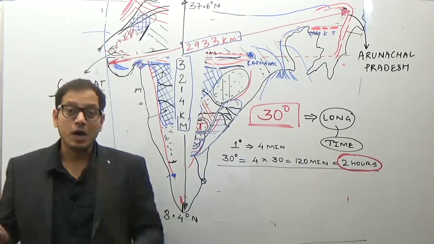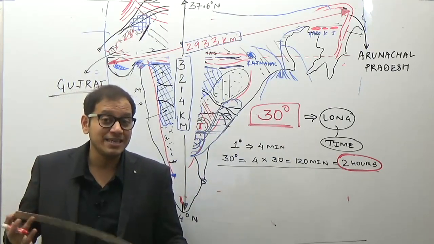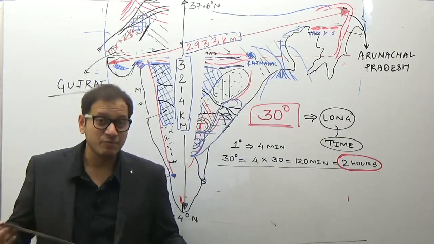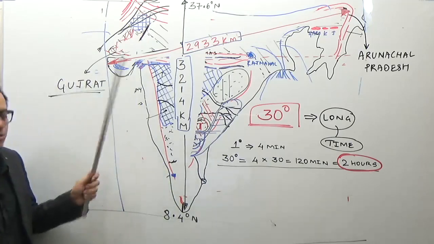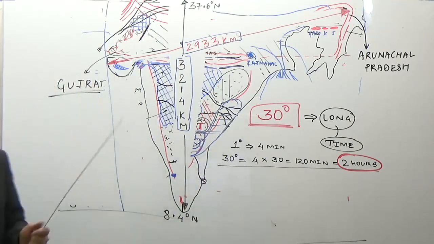But do people from Arunachal or the northeast of India have a different time from the people of Maharashtra or Gujarat? Are we having different time zones? No. Why?